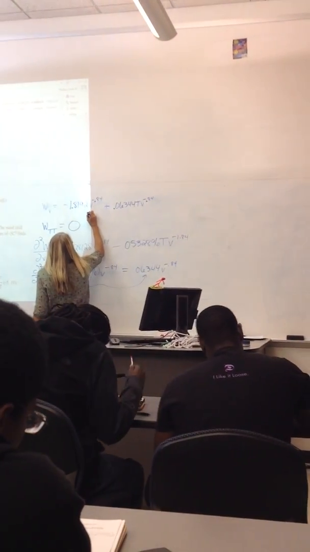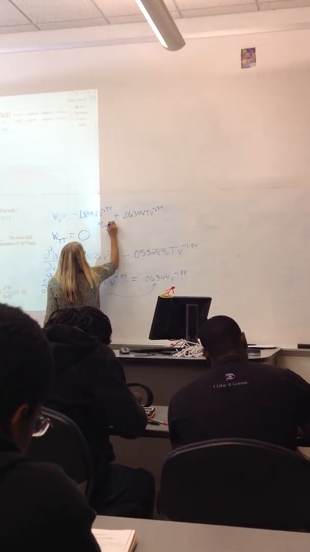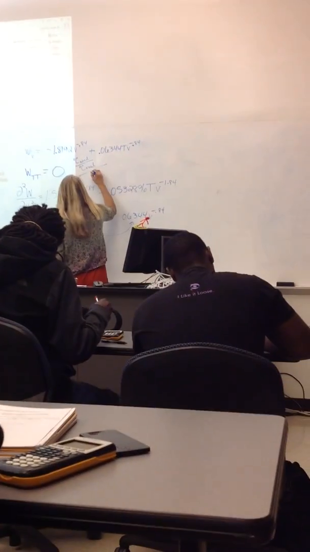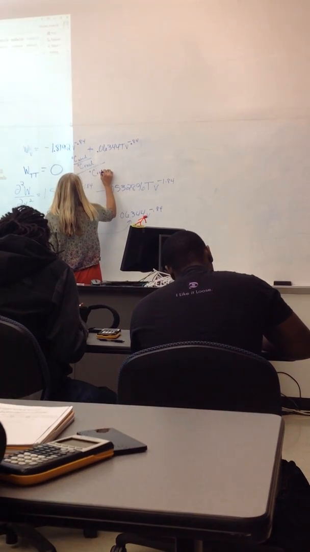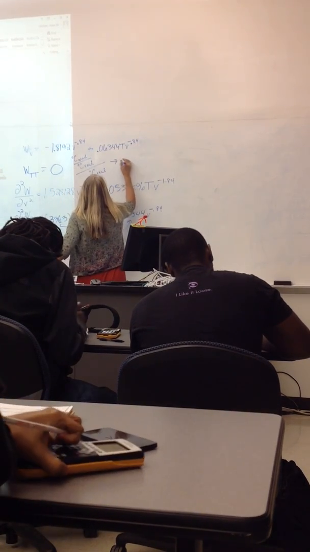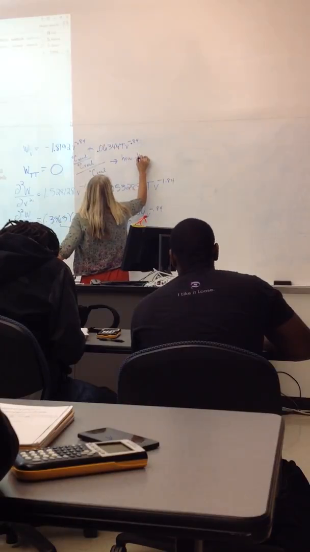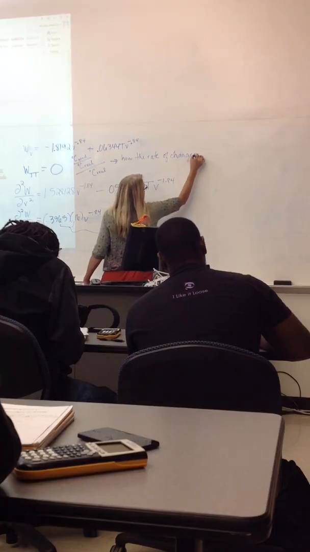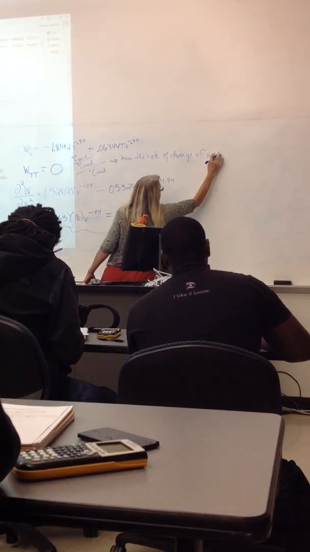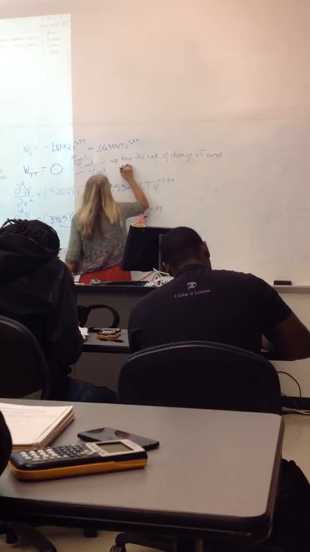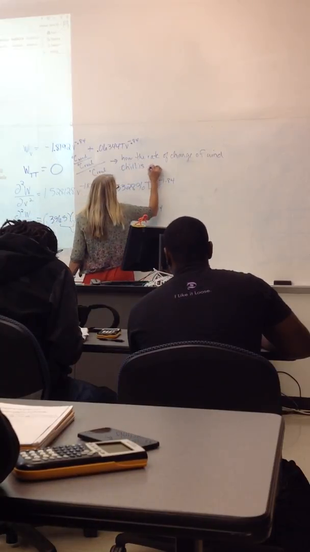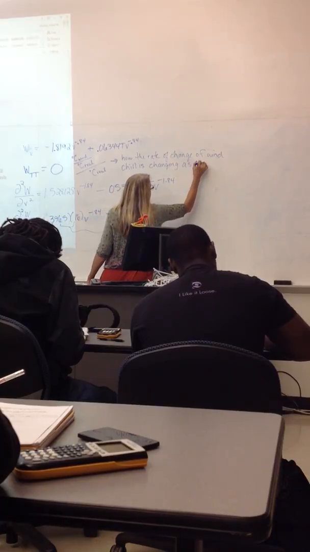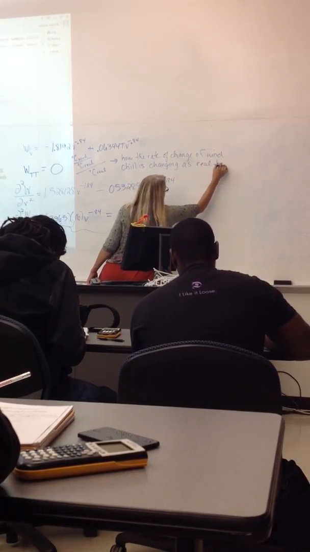Okay, so this is measuring degrees Celsius of wind chill per degree Celsius of real temperature per degree Celsius of real temperature. So it's a measure of how the rate of change of wind chill is changing as real temperature changes.